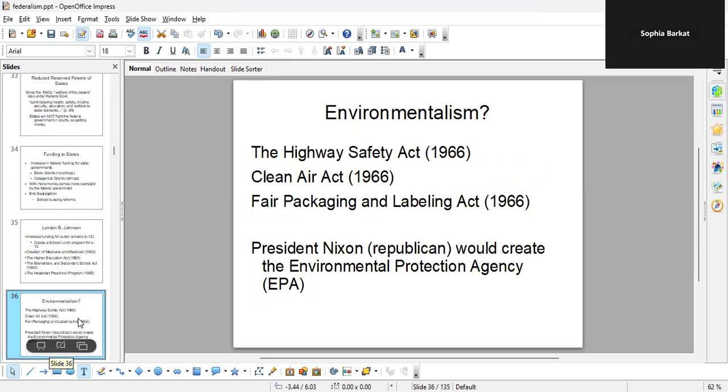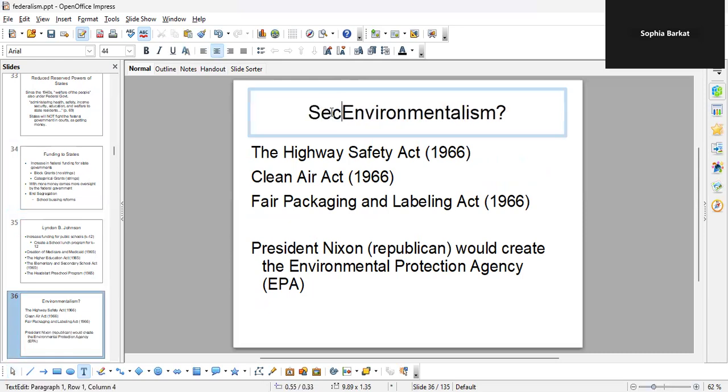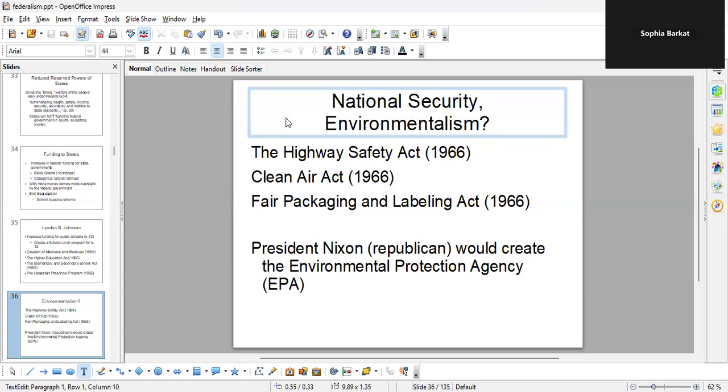Environmentalism. But also not just environmentalism, various kinds of issues came up. For example, the Highway Safety Act is not about environmentalism. It has to do with national security. So that was created so that when there's an attack by, say, the Soviet Union or any country, then people could evacuate their cities.